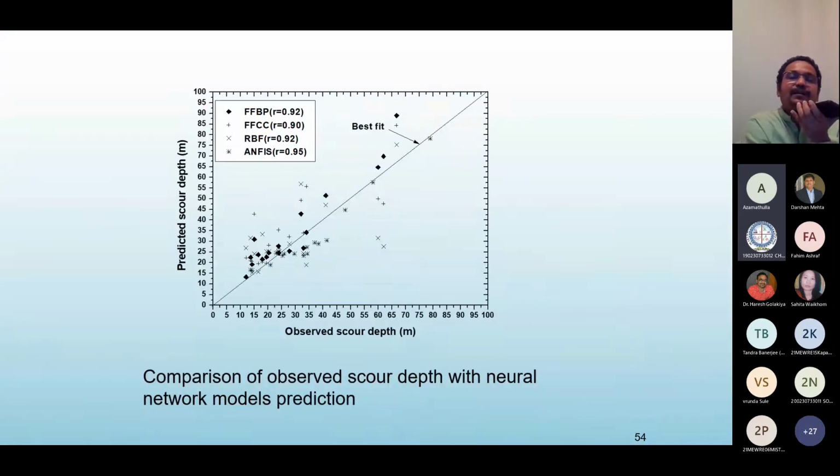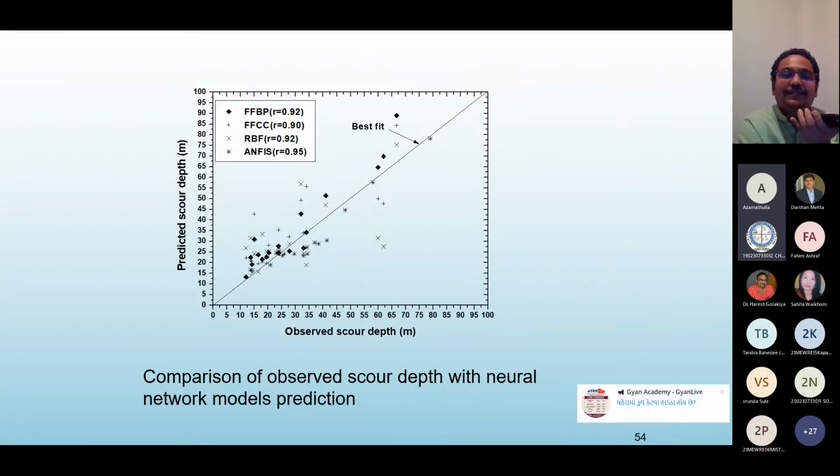Here you can see feed forward backpropagation algorithm, feed forward cascade correlation, and MATLAB, which I used, as Dr. Methods just told. Then the adaptive neuro-fuzzy inference system is very powerful, but it will produce many rules.